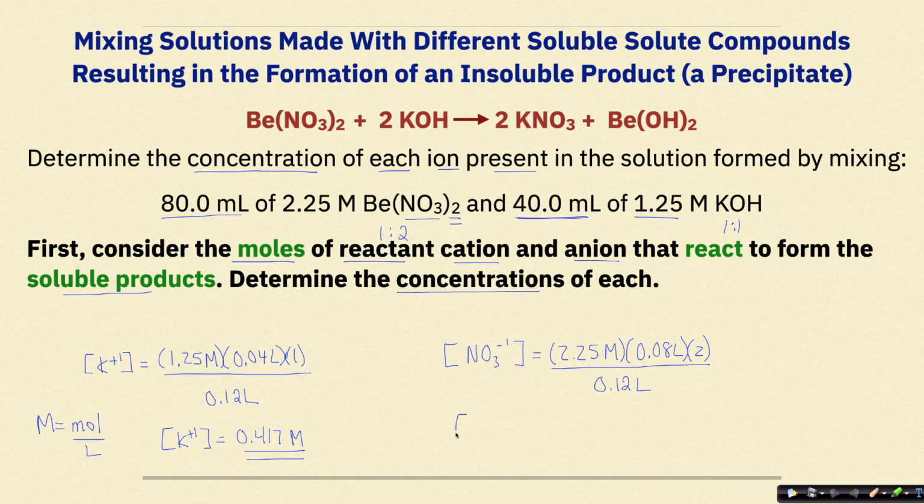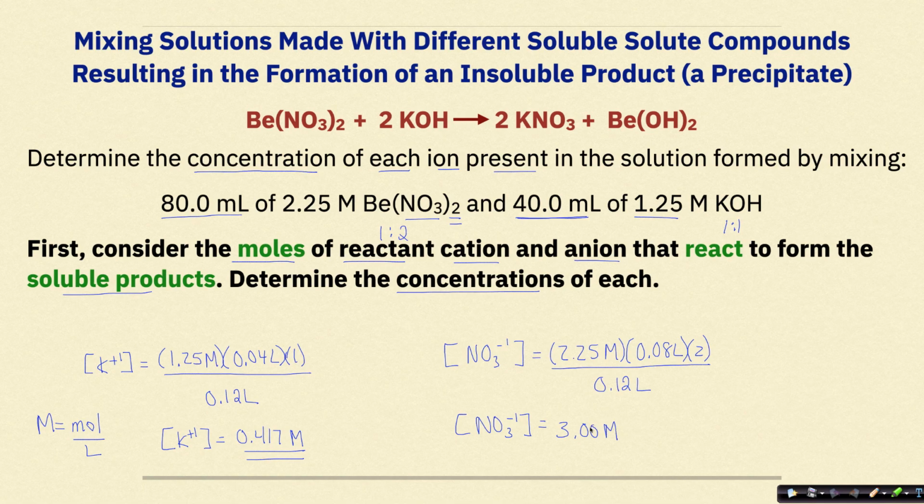So when I multiply all those top numbers together and I divide it by 0.12 liters, my concentration of the nitrate ions in solution will be 3.00 molar.